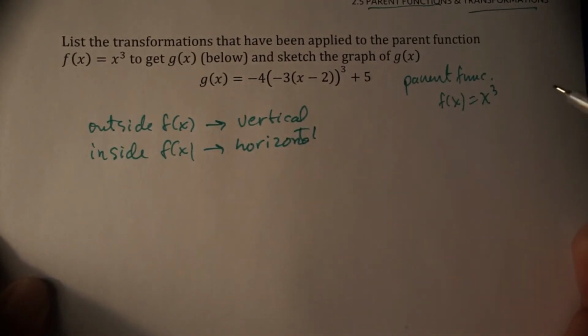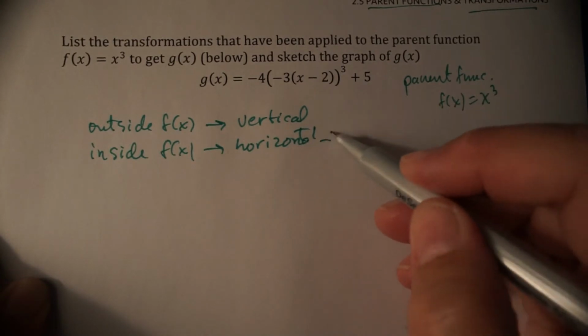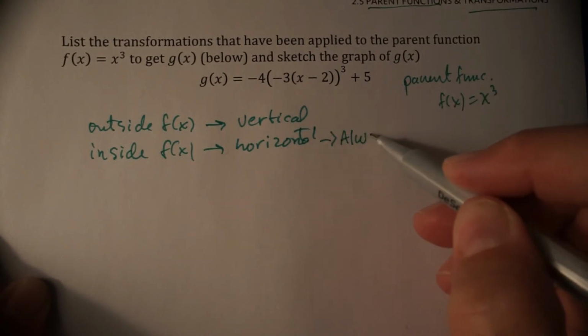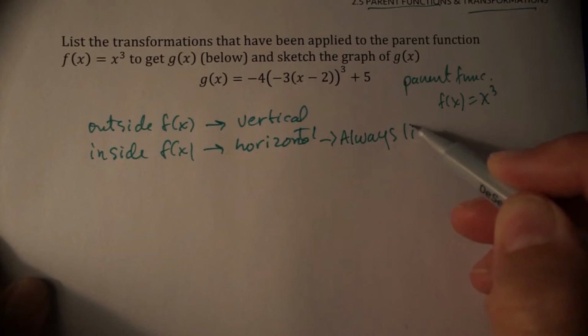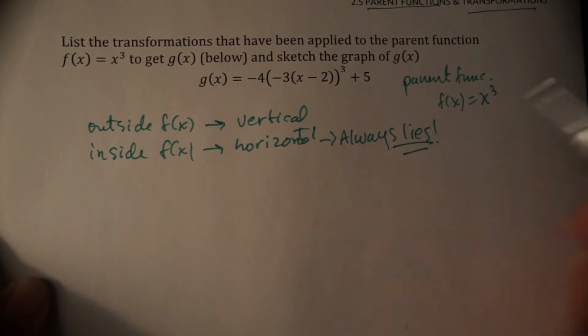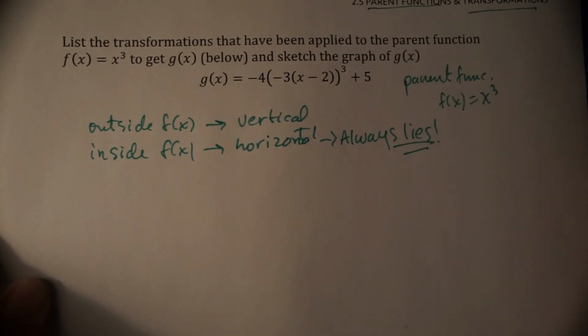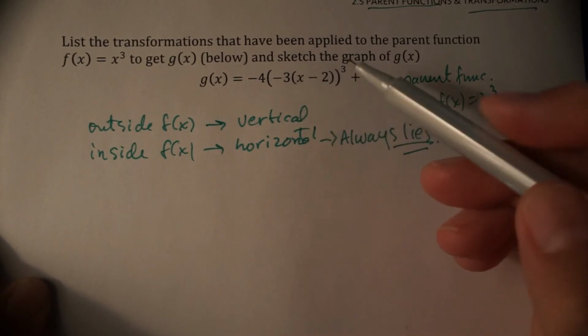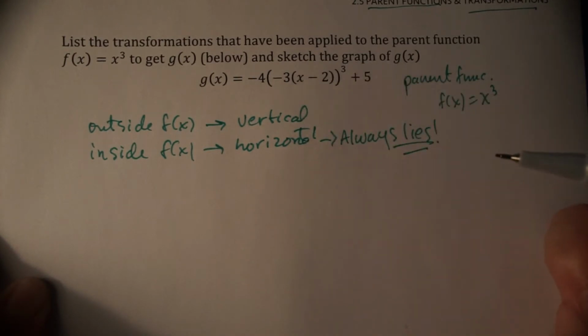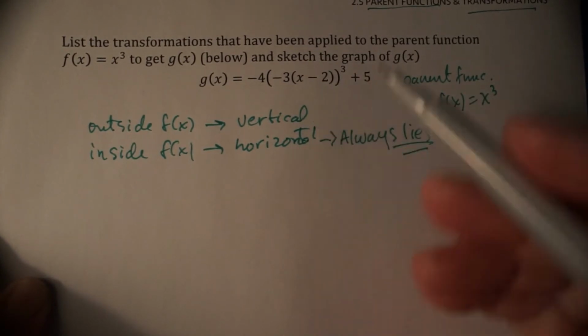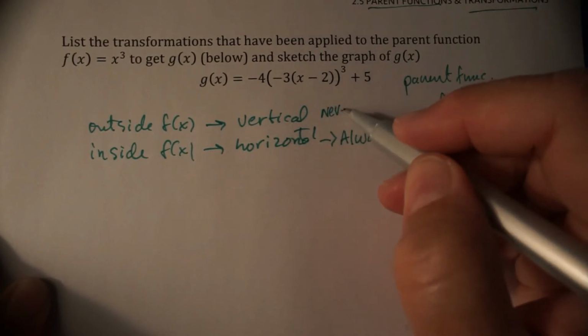And also remember that horizontal, unfortunately, always lies, i.e., the equation says one thing, but it's always backwards. But vertical never lies, always honest.